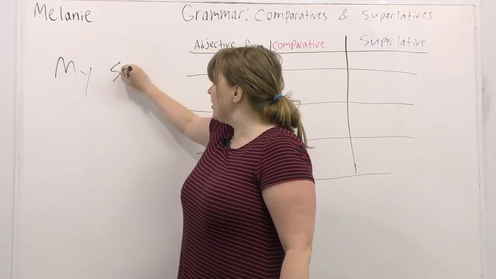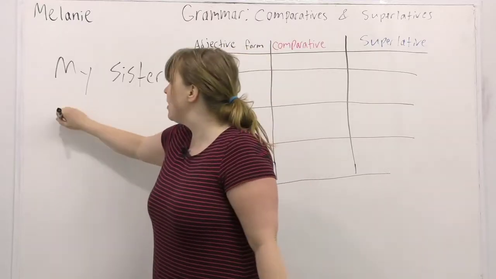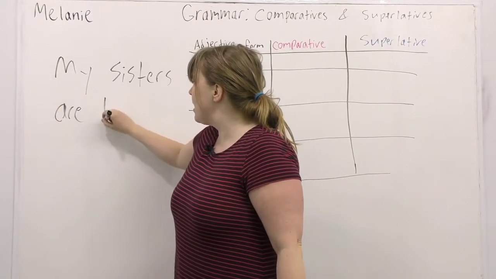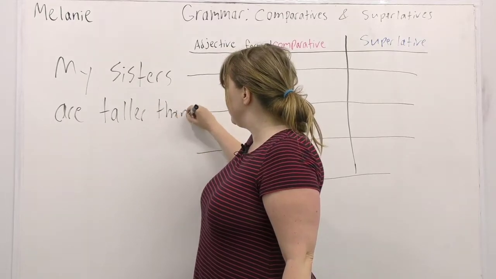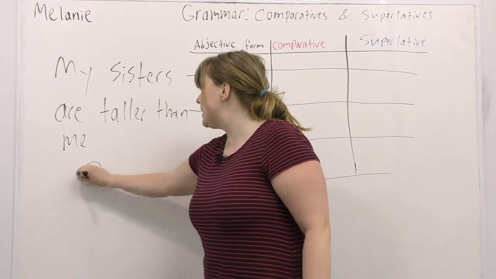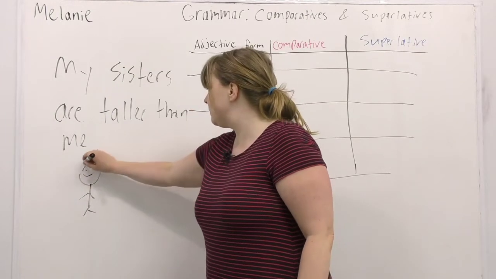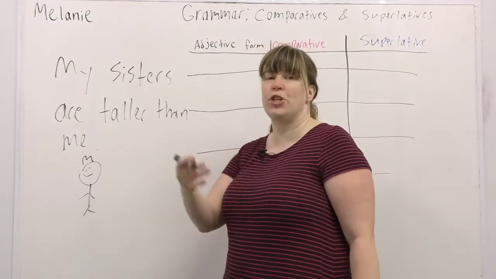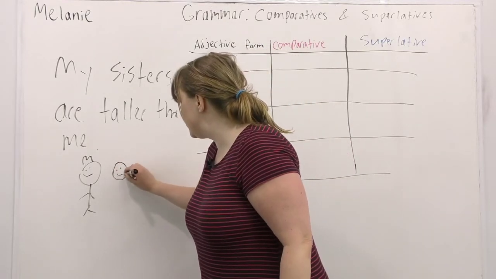My sisters, both of my two sisters, are taller than me. So this is my older sister. Her name is Michelle. I'm just going to put M. This is me.